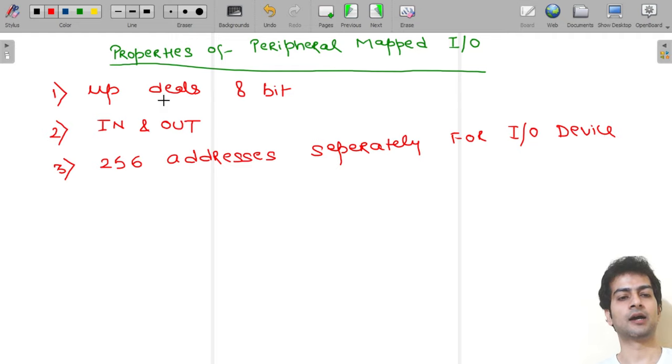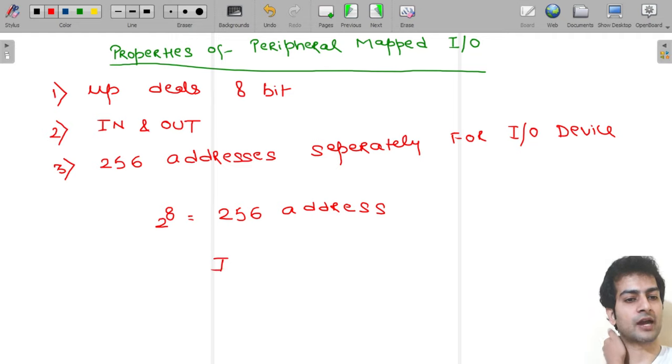See, we had an 8-bit address while dealing with peripheral mapped input output. So 2 to the power 8 is 256. So the microprocessor can generate 256 addresses. Now see, we have two different control pins.